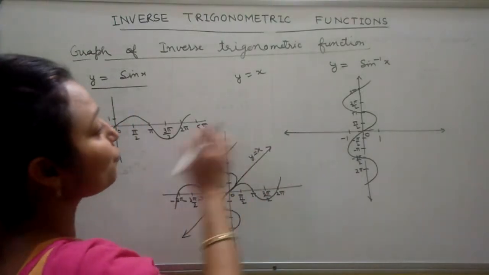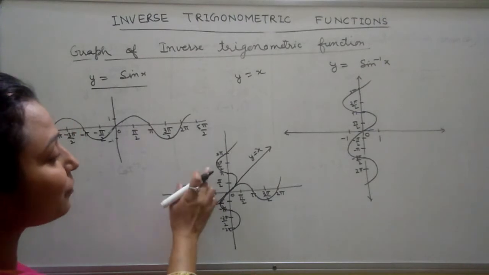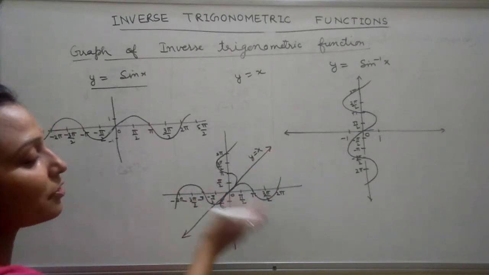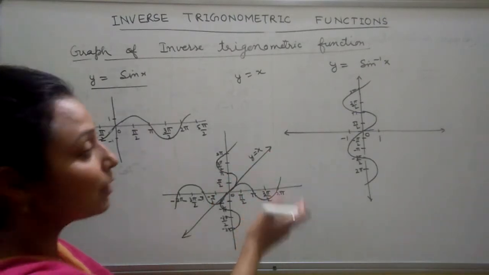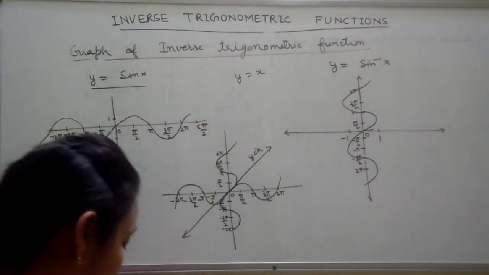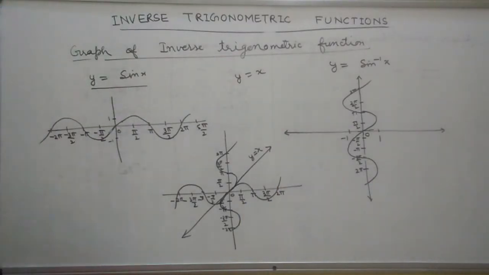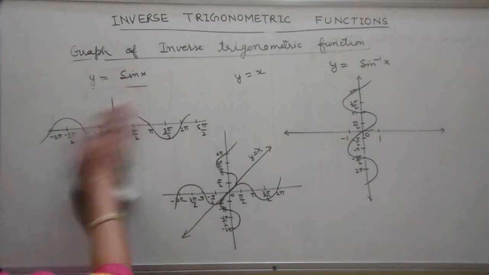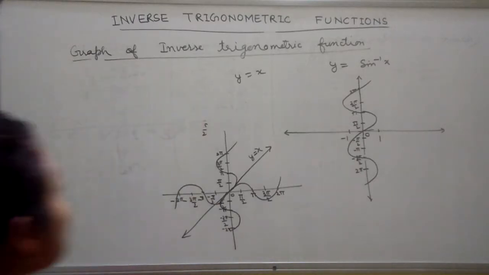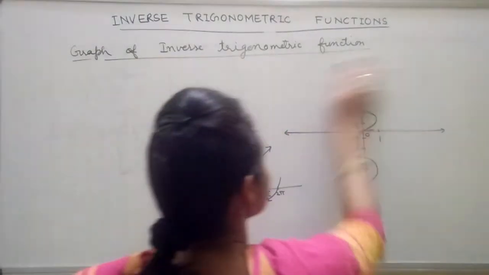When I make these two functions on the same graph, this line gives the mirror image of one another. So this is the mirror image. Now come to the second graph, that is y equals cos x.